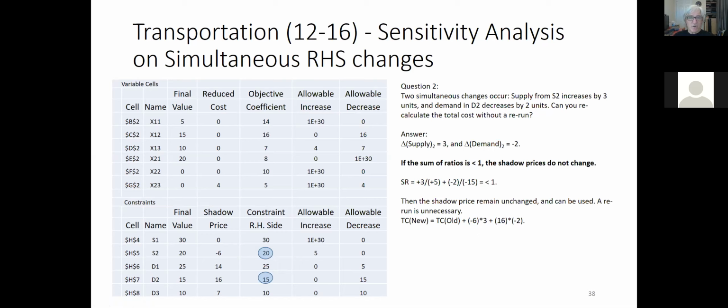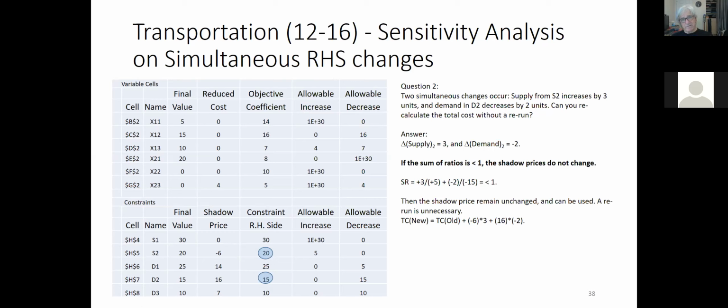So you can ship a smaller number of units, so you can save money on transportation cost. So that's the case of simultaneous changes on the right-hand side. The two of them are doing the same. You look at the actual change and you divide by the allowable change in the same direction.